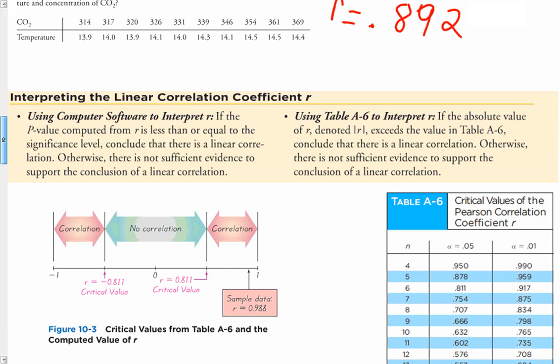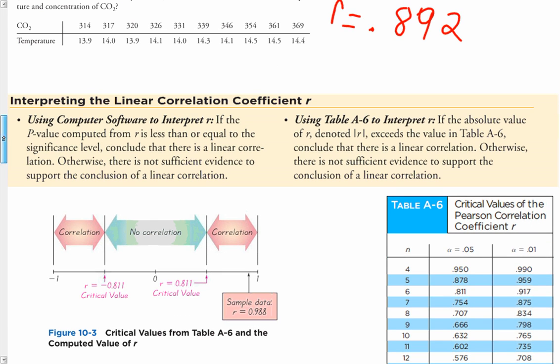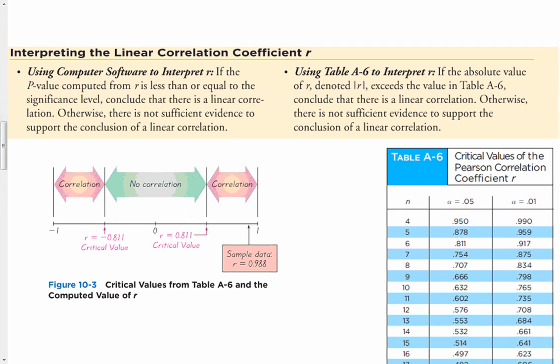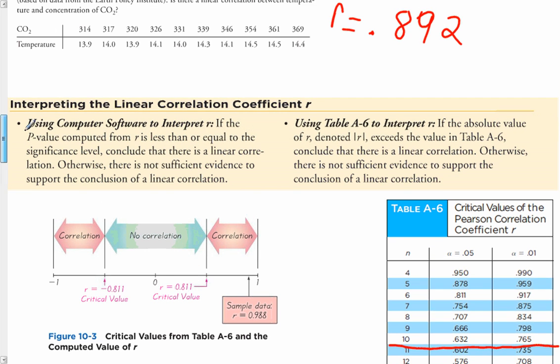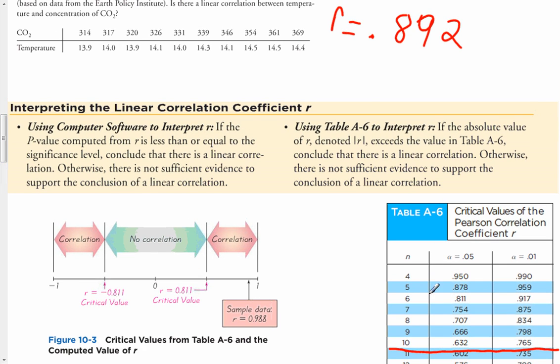So we're going to look for N, and then we're going to look at the critical value. N is 10, and the critical value depends on our significance level of alpha. But if you take a look, our value of R, 0.892, actually exceeds the critical value regardless of which significance level we're using. 0.892 is bigger than 0.632 and also bigger than 0.765.